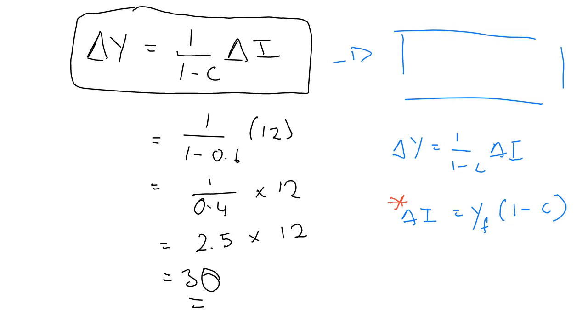The multiplier can never be less than 1. In our present model, the size depends on the marginal propensity to consume, that is the slope of the aggregate spending function. The greater the value of C, the greater the multiplier will be.